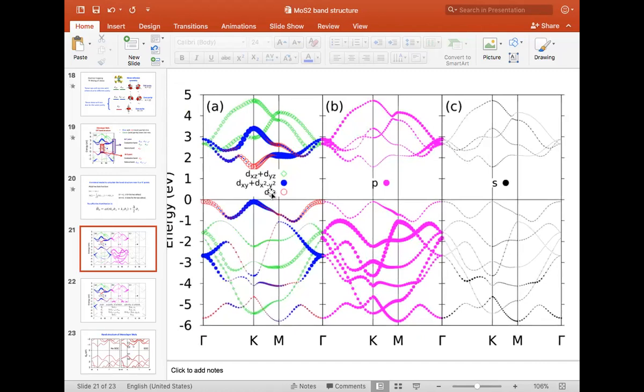Okay, this dz square is m equal to 0. Okay, m equal to 0. So this conduction band here is mainly m equal to 0. That's why the spin orbit coupling splitting is so small. And this blue one is m equal to plus and minus 2.